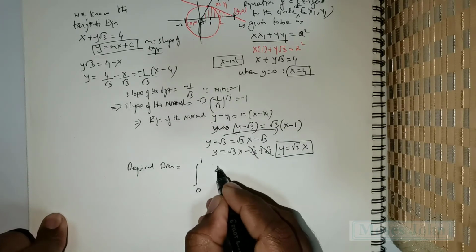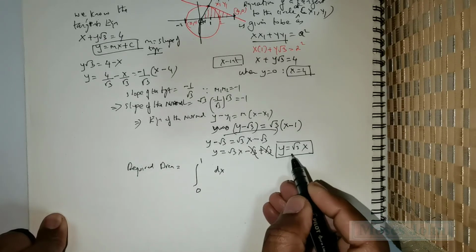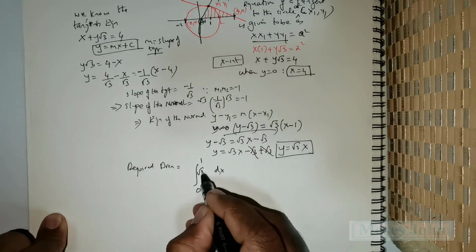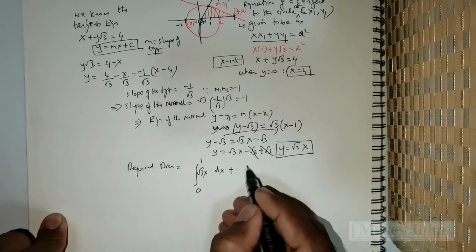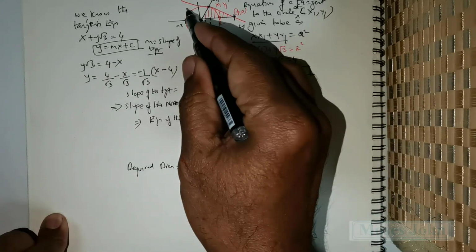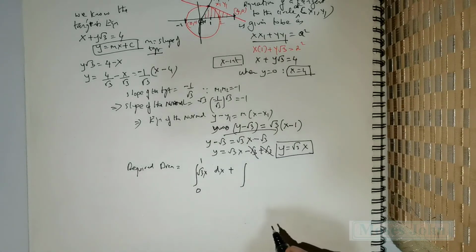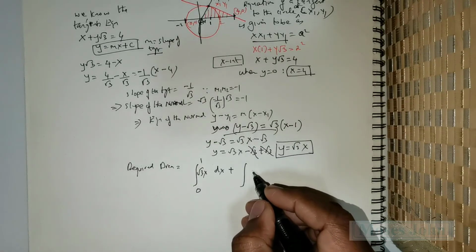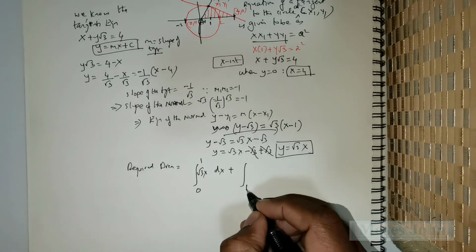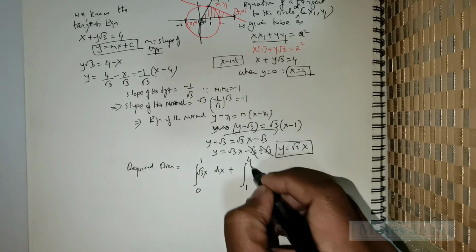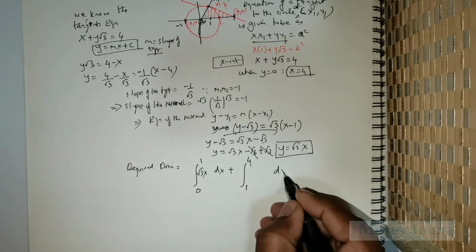X is varying, so it's going to be dx, and y is given to be root 3 times x, followed by, I need to integrate along the other line, right? So that is going to be equal to 1 to 4 dx, x is varying.